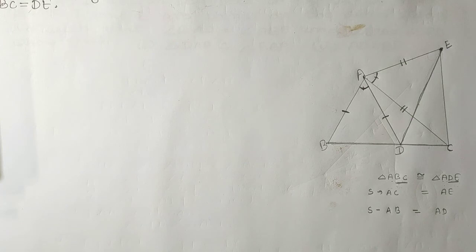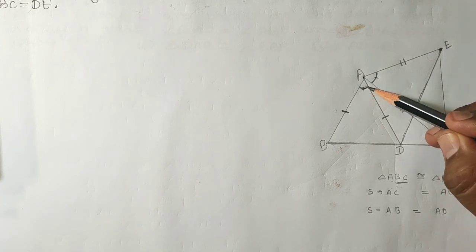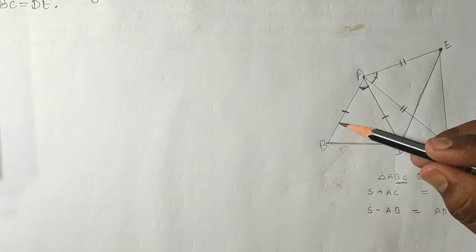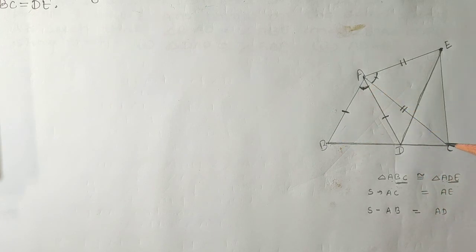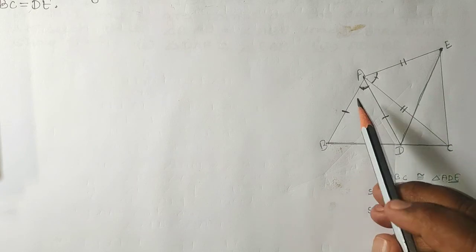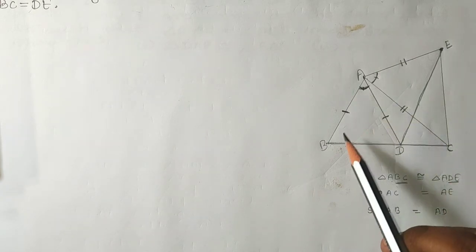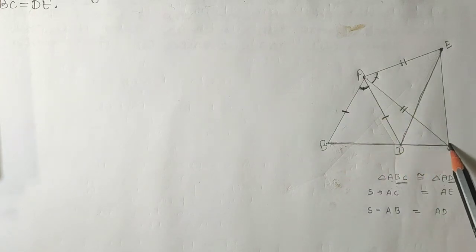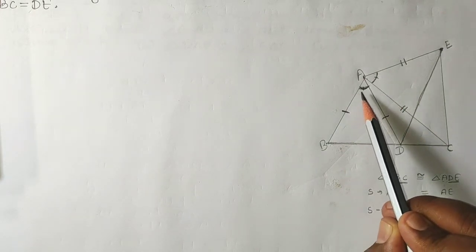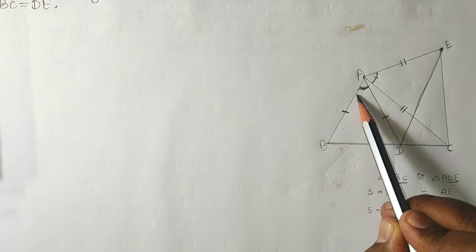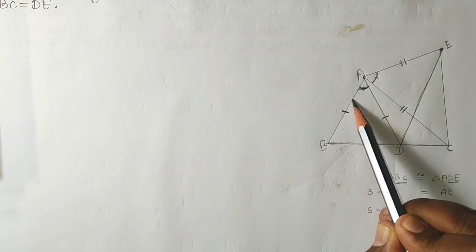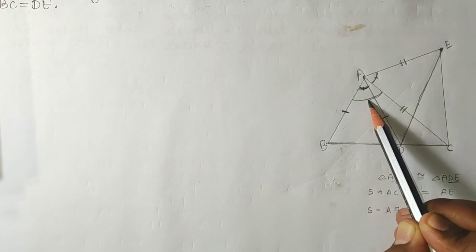But you have to think that this angle is not the angle of the whole triangle ABC. Okay, this is the part of the triangle, this is not the whole angle of triangle ABC, because it is given only this much. If this angle is like this, then it will be the part of triangle ABC.